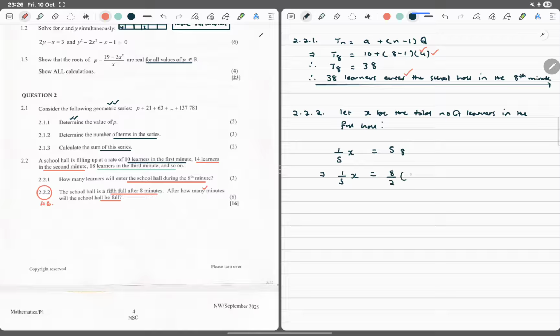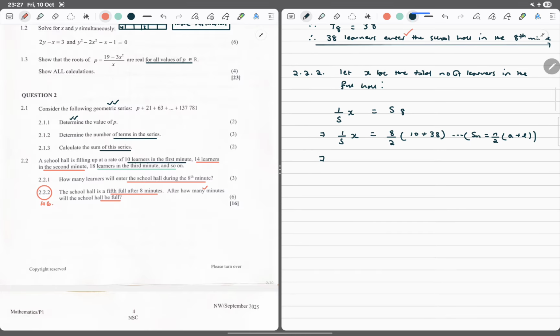We divide this by 2. The first term was 10, the last term is 38. So we don't want to write silly things. We know that S sub n is n over 2 into a plus l. Just put that as a reason, you see. Be creative so that your maths flows. You don't want to just answer haphazardly.